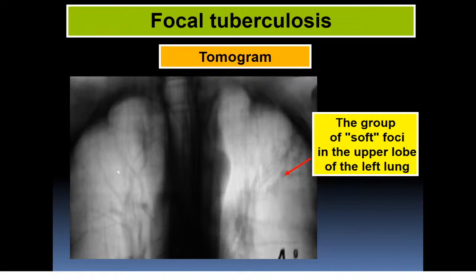On this tomography, you can see the group of soft foci in the upper lobe of the left lung. These foci are of middle density without clear contours.